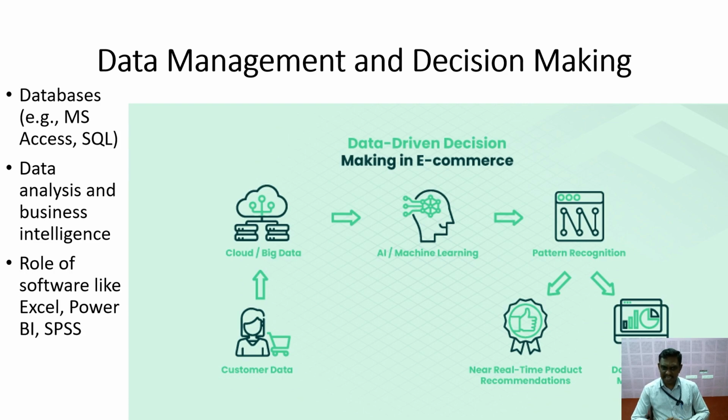They can analyze the data, they can store more and more data, and they can make decisions. The companies also take decisions when they are unable to decide in a critical situation. They can use AI and machine learning, and they can get the decision in an easy manner.